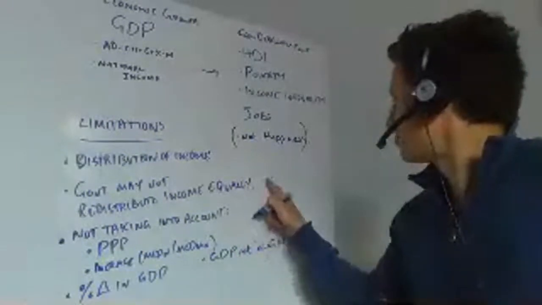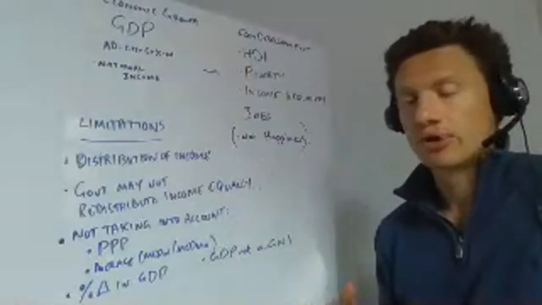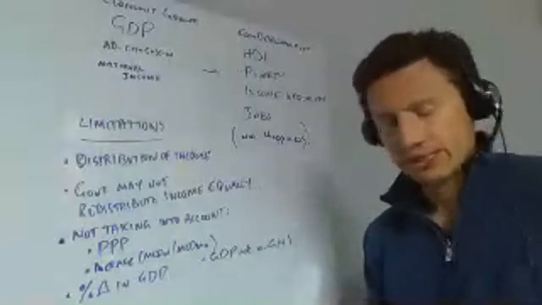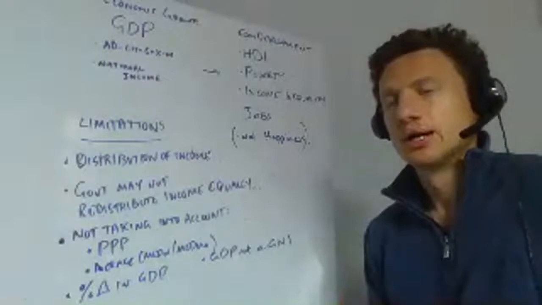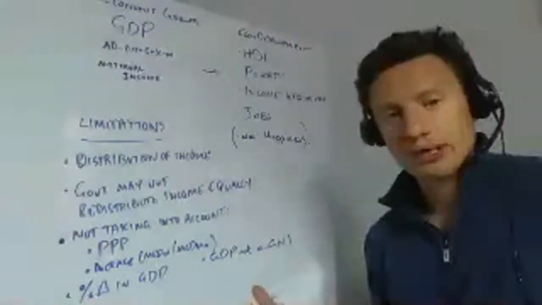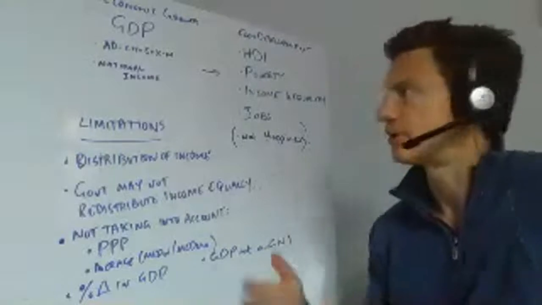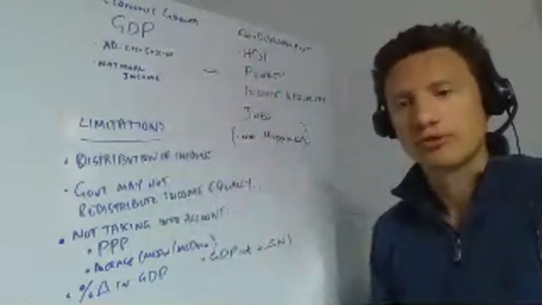So how much of this money is actually being earned by foreign nationals in a particular country, rather than the nationals of that country? That matters in terms of where that money is then likely to be spent. If it's being earned by people who live in the country and stay in the country, then fine, you would expect a lot of it to be injected into the circular flow of income.